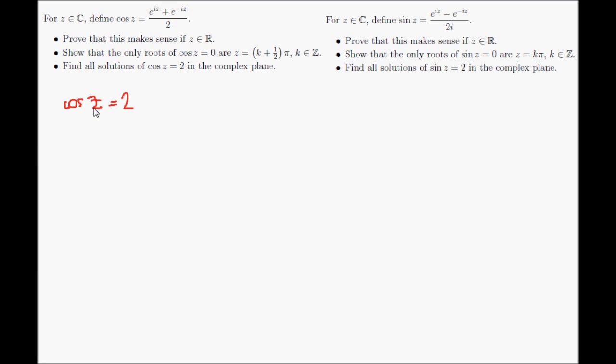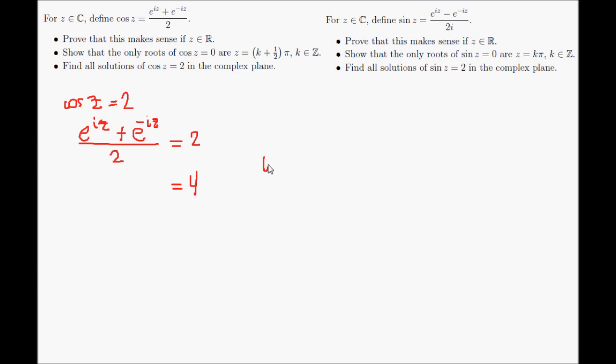However, that does not apply if z is complex. You could get that cosine of z is equal to 2 if z is permitted to be complex. So we have e to the iz plus e to the minus iz divided by 2 equals 2. So if I multiply up, I get 4 on the right-hand side.